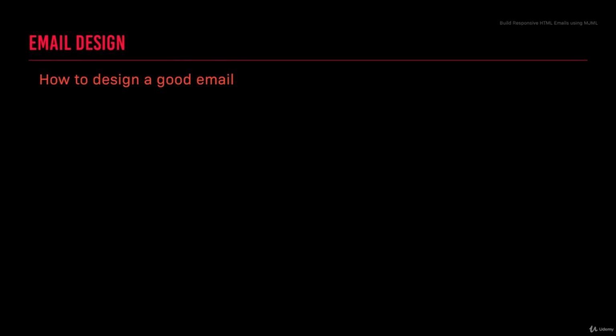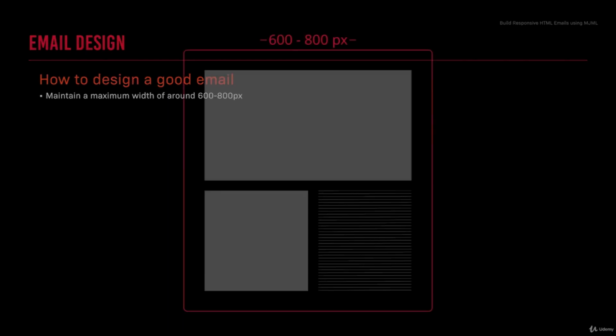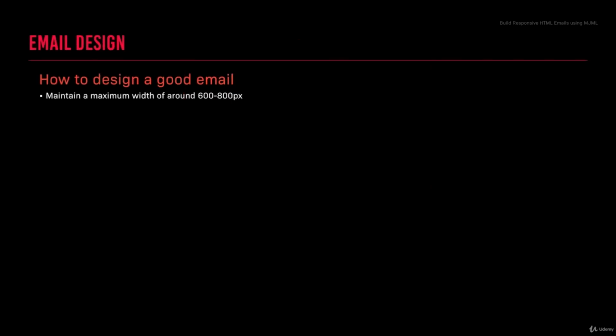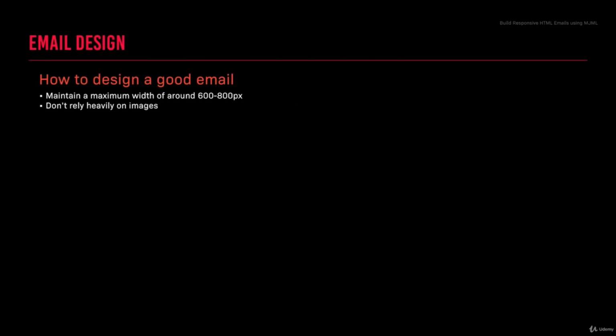Alright, so let's go over some good email design basics, or how to design a good email. First off, you want to make sure that you keep a maximum width of around 600 to 800 pixels. This will ensure that you have the broadest device support. Another thing is to not rely too heavily on images, as some email clients might block images, as well as some users.